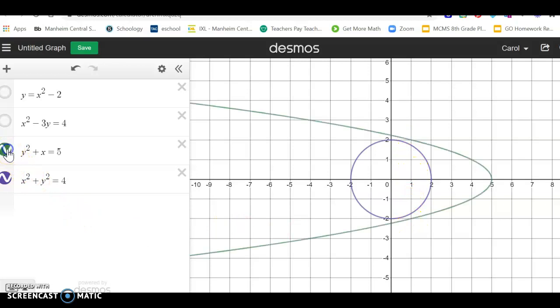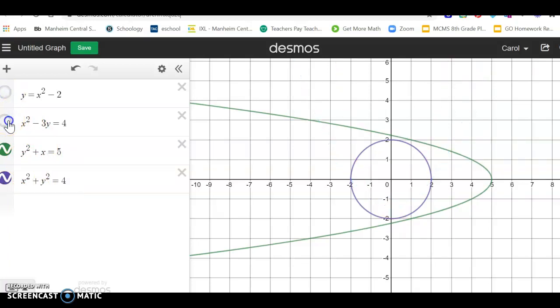So look at the two that were not functions. These two right here. What did they have in common that may have made it so that they're not functions? Hint, look at the exponents on the variables. These two in green and blue, they were not functions. The other ones here were functions.